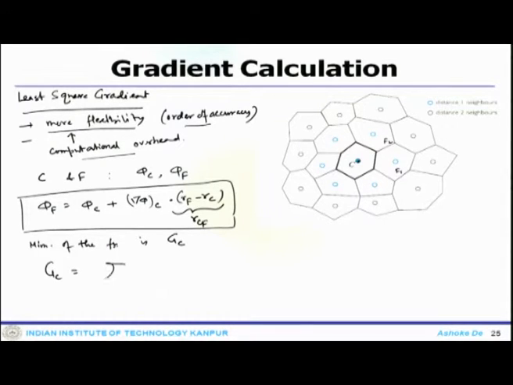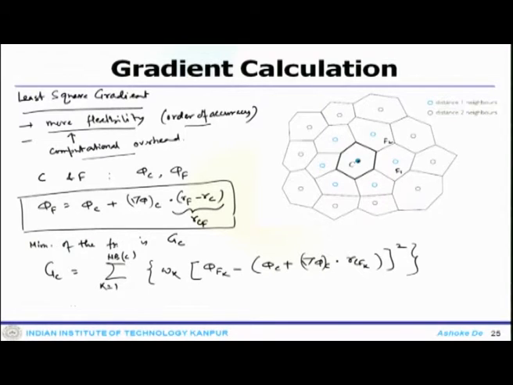So let us find the minimum of the function GC, and GC can be defined as summation k equals 1 to NBC, weight factor Wk times phi Fk minus phi C plus delta phi C dot RCFK, all squared.